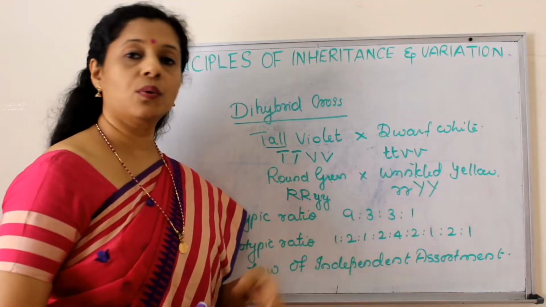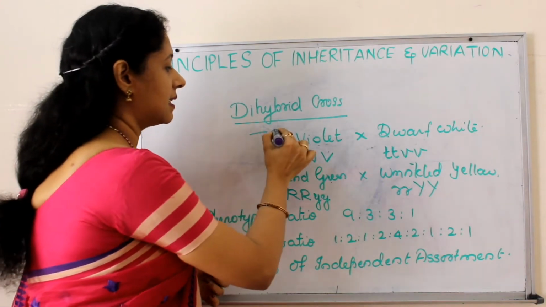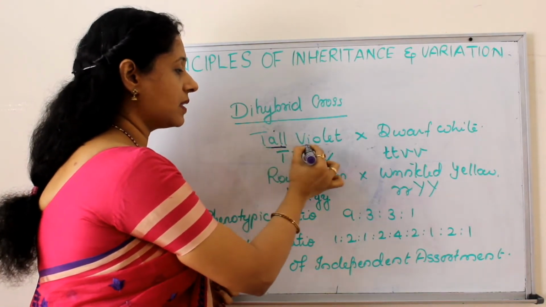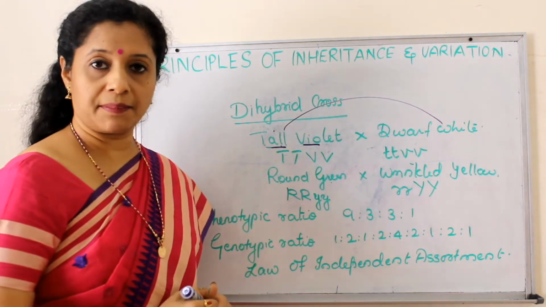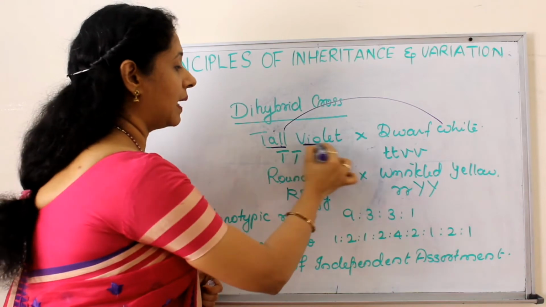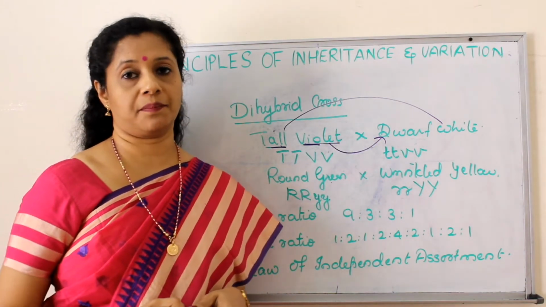What about these two? They are new combinations. The first tall was with a violet flower, but tall with a white flower is also possible. The same way, violet with a dwarf. So two new combinations are also formed.